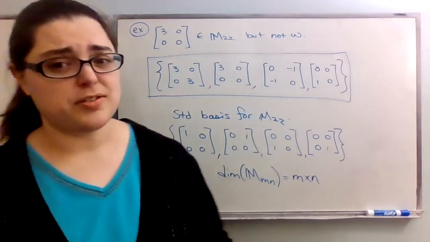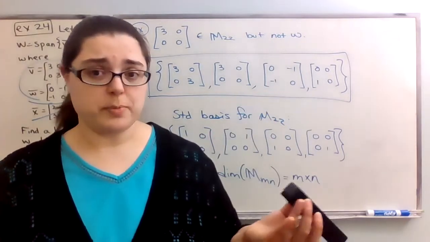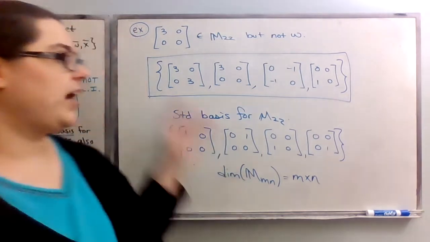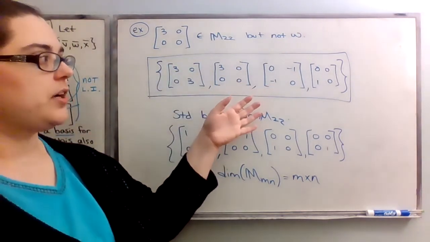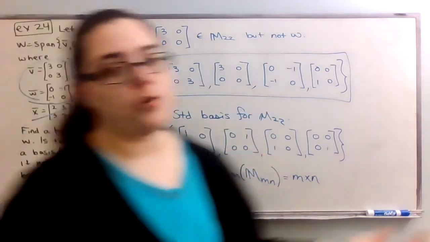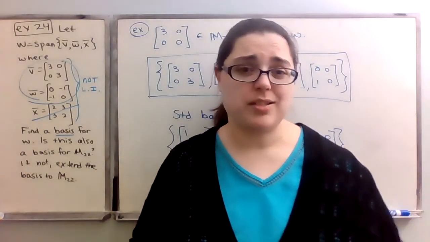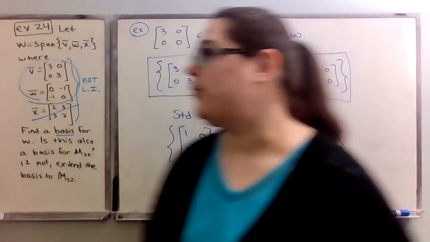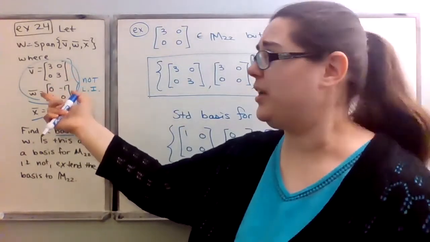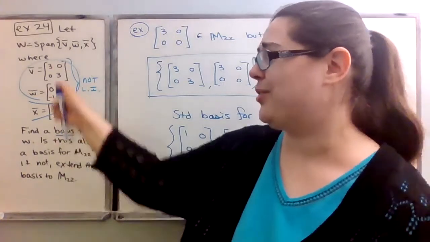Knowing the dimensions for these bigger vector spaces can be helpful because it'll help you know, okay, have I got the right number of vectors for my basis, or do I need to extend it? So knowing the standard basis for Mmn and its dimension, I knew 2 vectors was not nearly enough. In fact, I knew from the beginning the answer to this was no, because we only had 3.